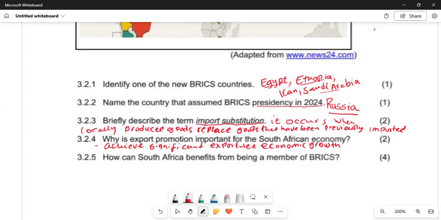3.25, how can South Africa benefit from being a member of BRICS? Remember, they became a member of BRICS in 2010. That's when they were declared a member. So how are they going to benefit from being a member of BRICS?